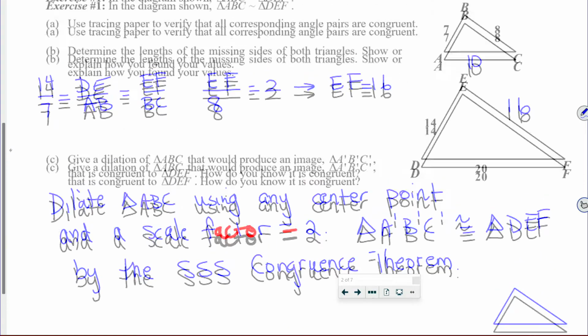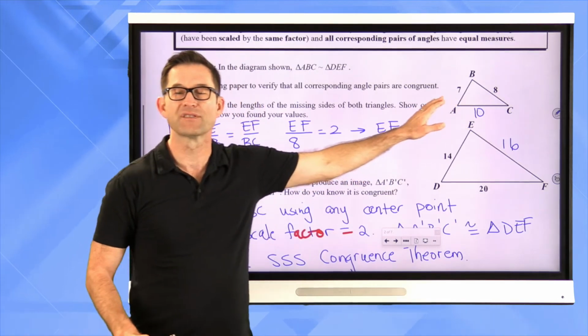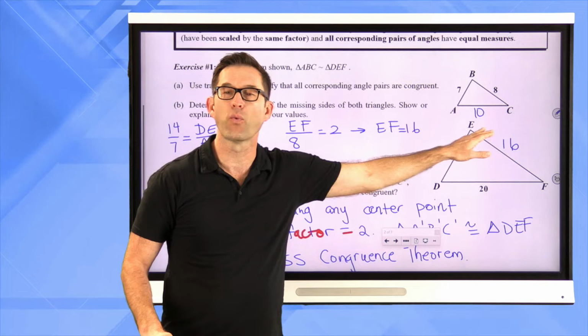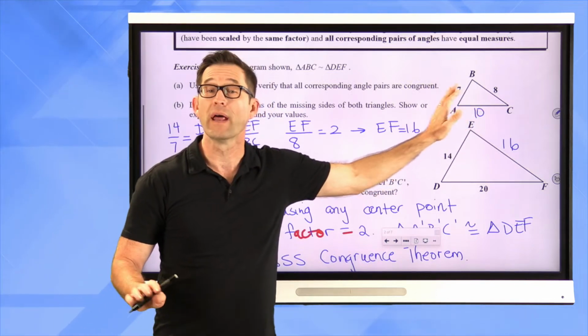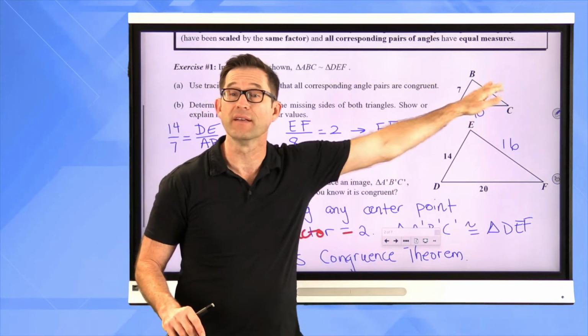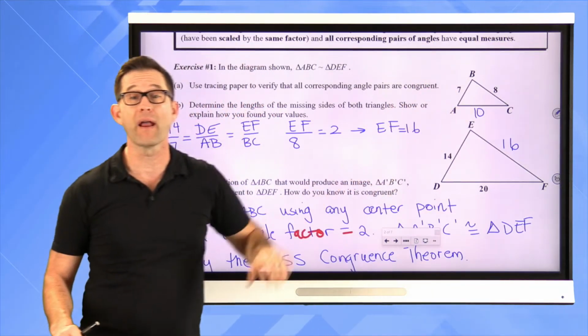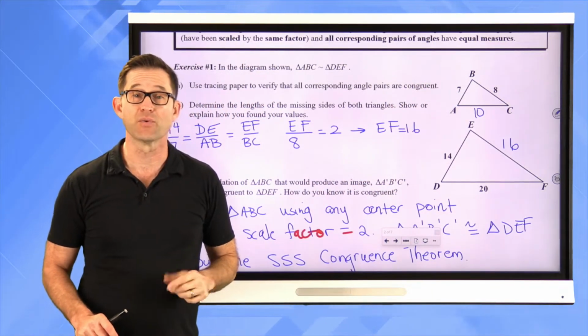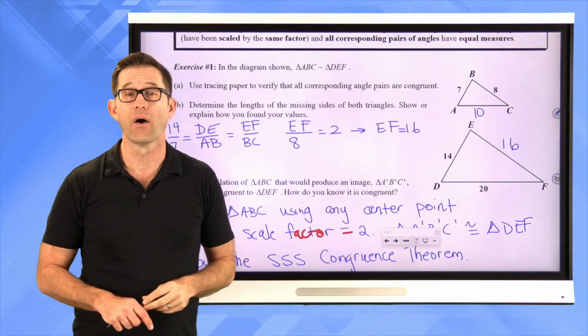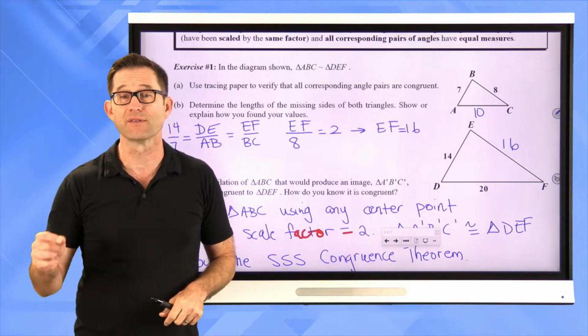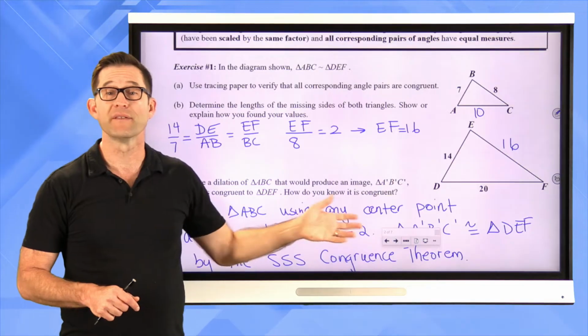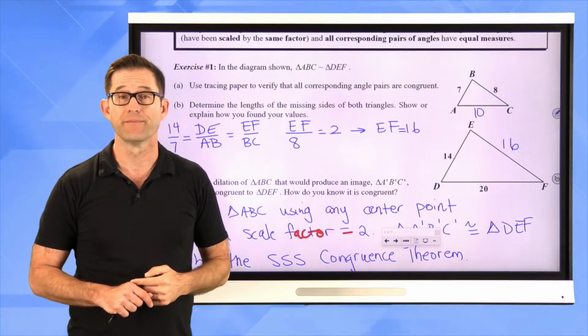Its image would have side lengths of 14, 20, and 16. And we know that two triangles that have three pairs of congruent sides between them, or all three corresponding pairs of sides congruent, are congruent by the side congruence theorem.